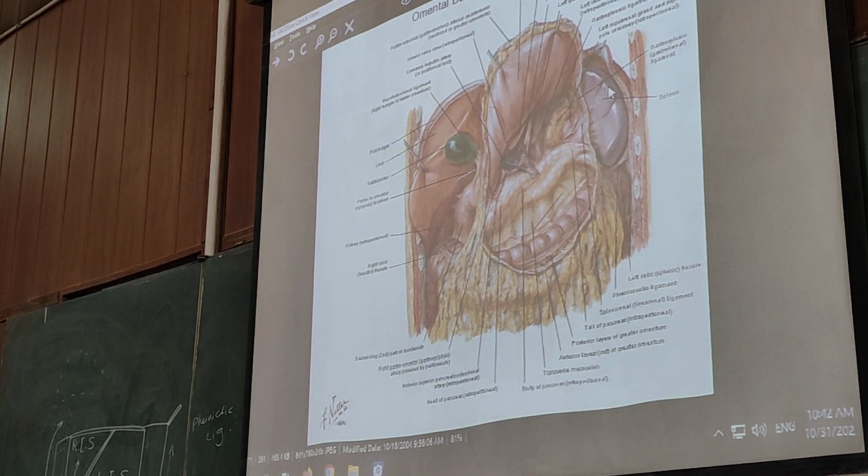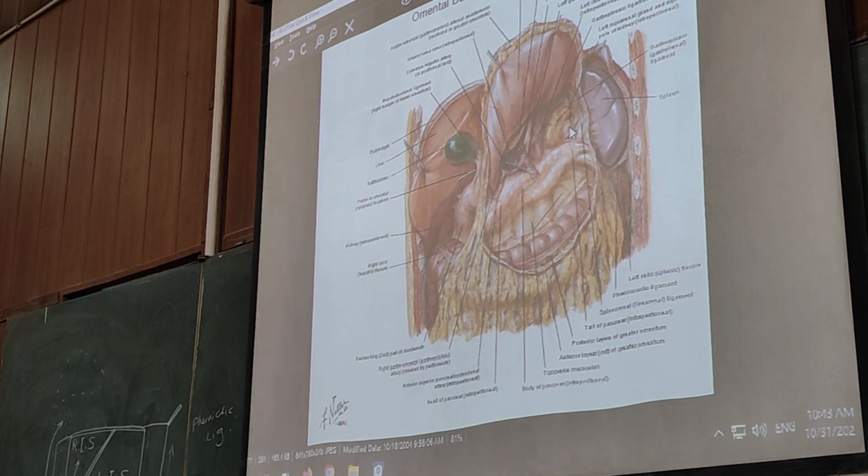At the left, it reaches to the ligament that attaches the stomach to the spleen, gastrosplenic. So this one is the gastrosplenic ligament. And posterior to this, the spleen is attached to the left kidney by the lieno-renal ligament. So this one is the lieno-renal ligament.